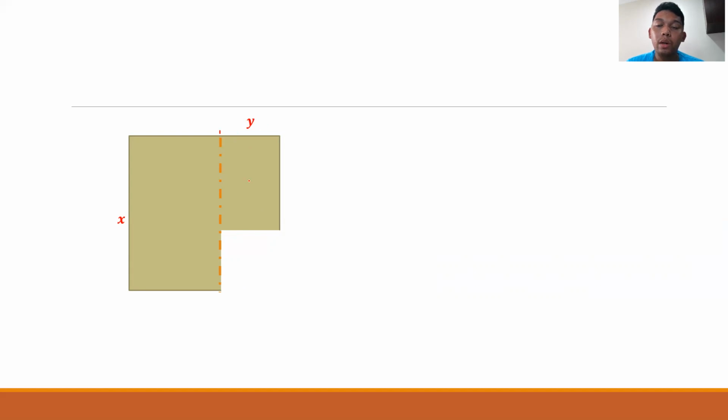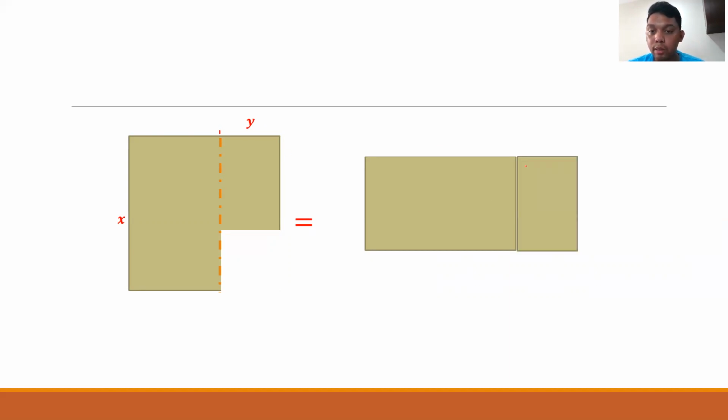Now, if we are going to arrange that figure, if we try to rotate this rectangle here, since it has the same length as this smaller rectangle, we can place this smaller rectangle beside it, right?